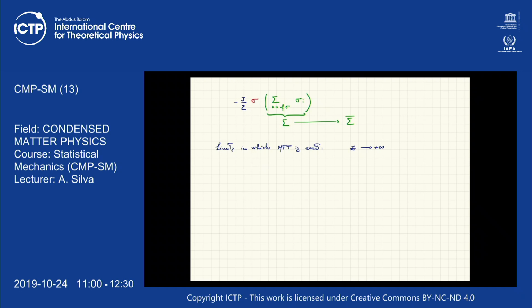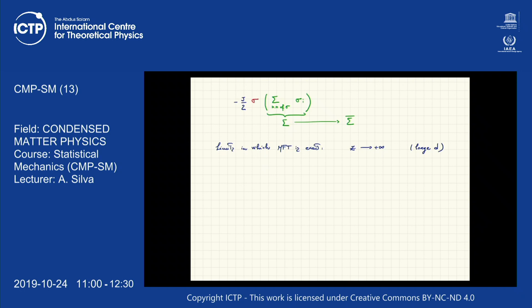There is another limit which is a bit more physical than large dimensions. You want your spin to be coupled to a big number of other spins. This happens when your interactions are not nearest neighbors, but are, for example, long-range interactions. When you have long-range interactions, the spin doesn't see only the spins surrounding it, but sees all the spins in the lattice.